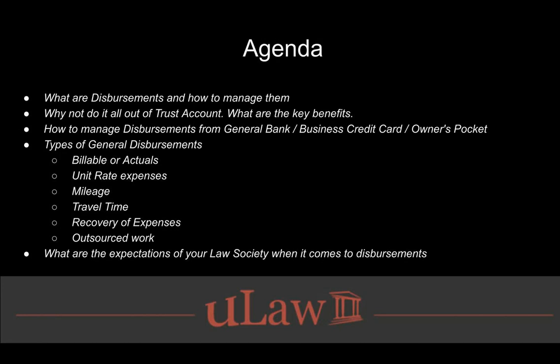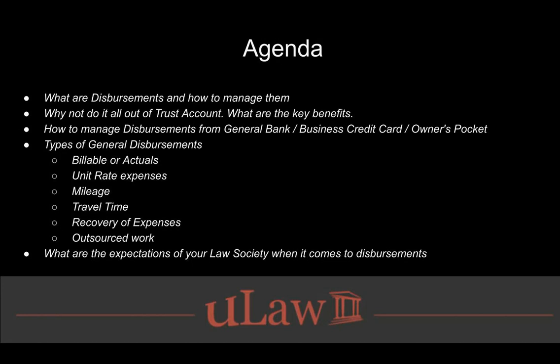So as you can see here on the agenda, using trust is definitely much simpler, even though accounting for trust is always a little, I won't say trouble, but it's always more careful to watch because you are using your client's money to make the payment.